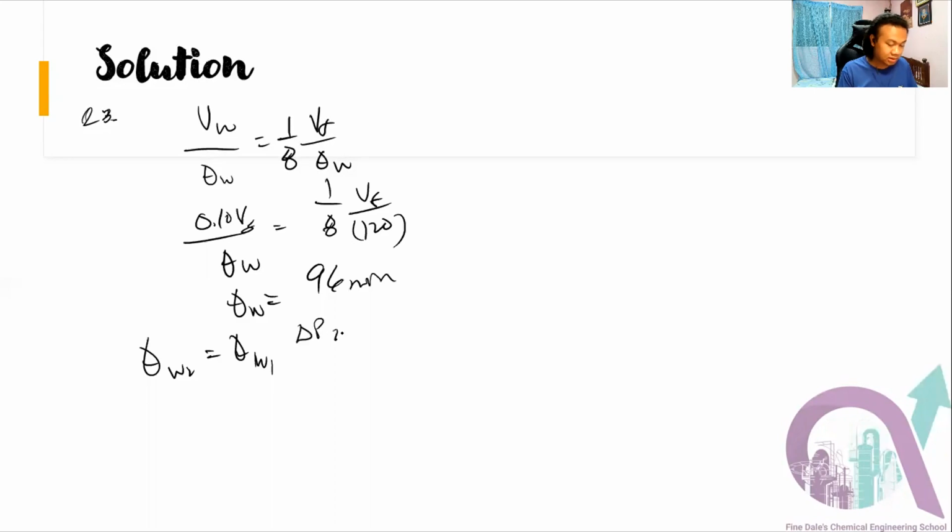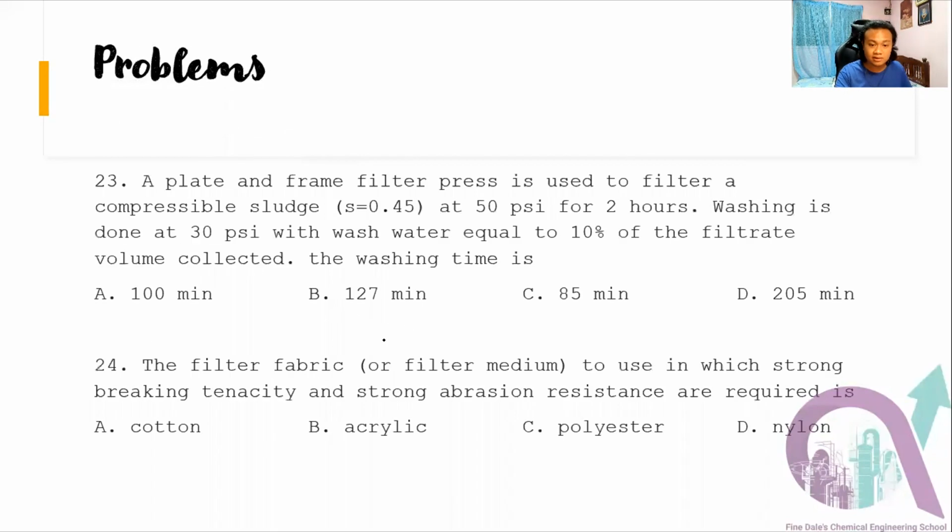So P2, P1 and then 1 minus S. So S here is the compressibility of the filter cake. So what is it? Filter compressible sludge. So you have 50 psi as P2 and then 30 psi as P1.